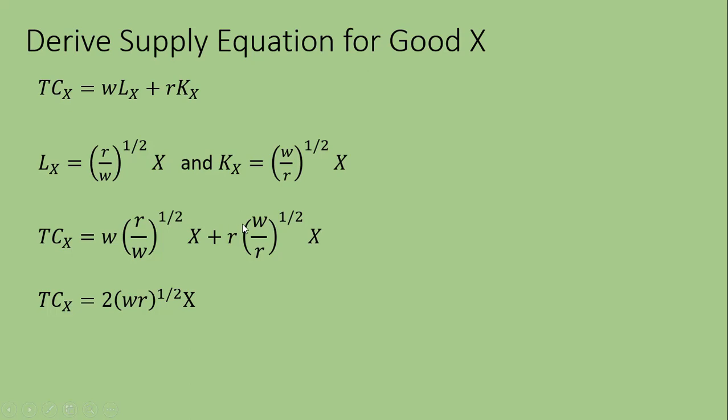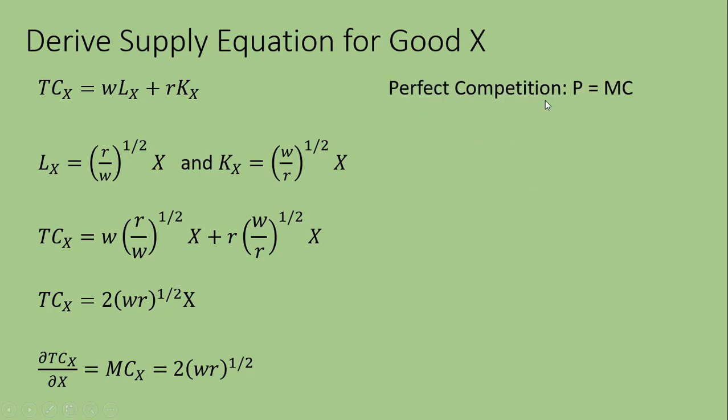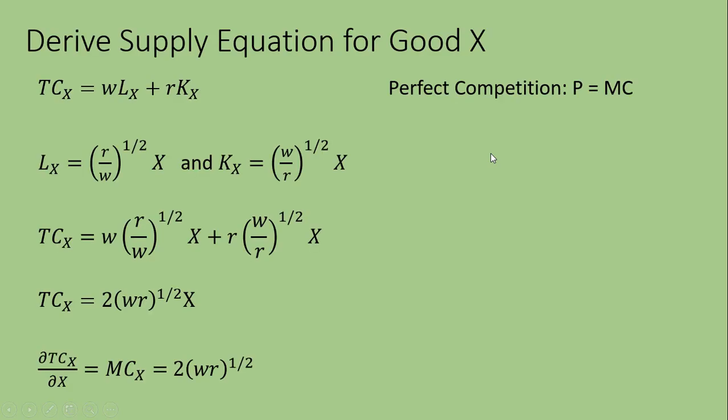It'll leave us with R to the 1/2 in the numerator. So now getting marginal cost by taking a partial derivative with respect to good X. Noting in perfect competition, or competitive market, price equals marginal cost, we can write the following result.